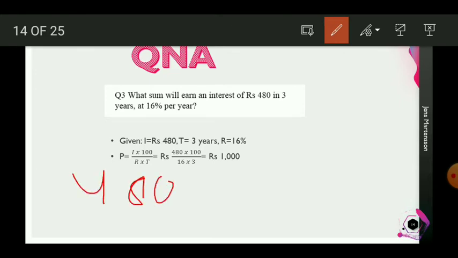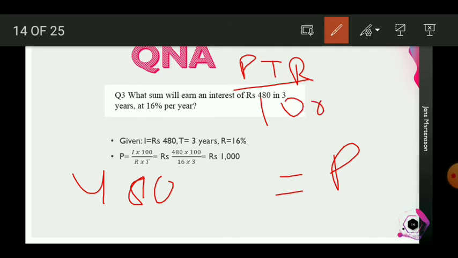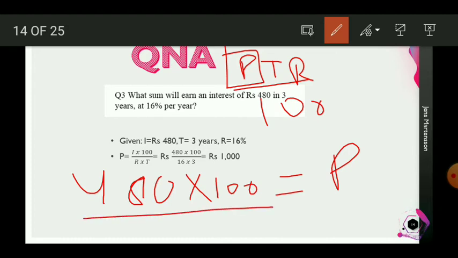So now we just have to substitute the values and find out. So what do we get? We are going to keep 480. First of all, we are going to bring this P right here. It is PTR now, so we bring the P here, and we have shifted the rest aside.